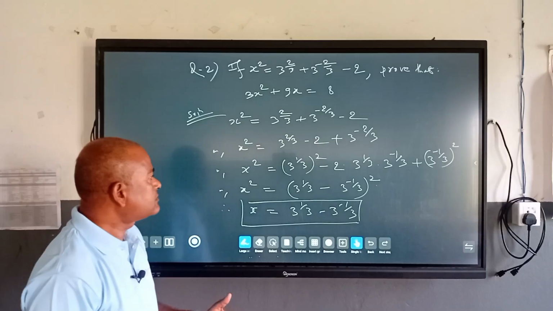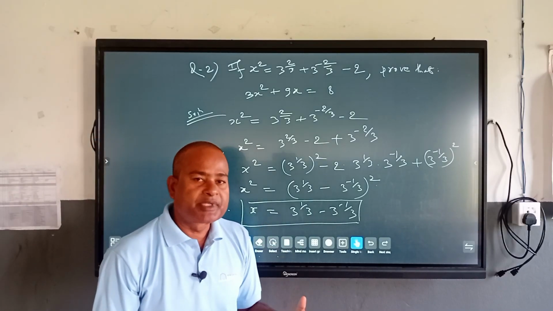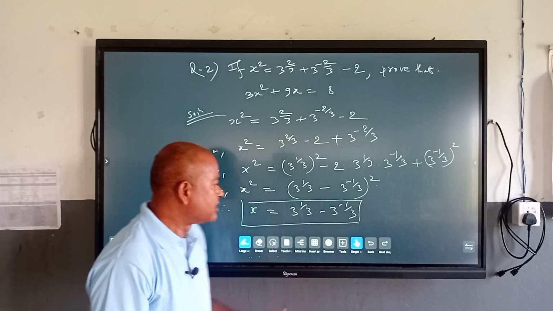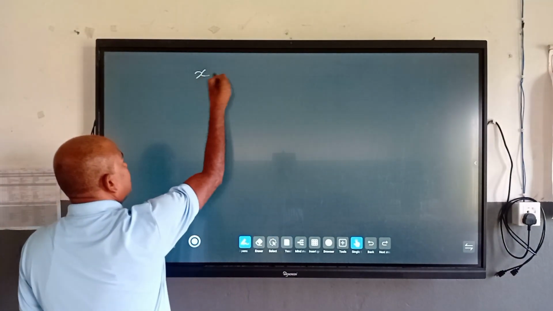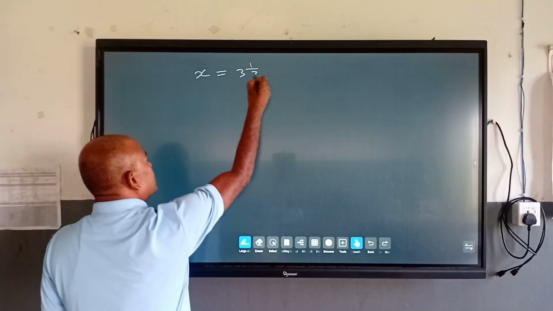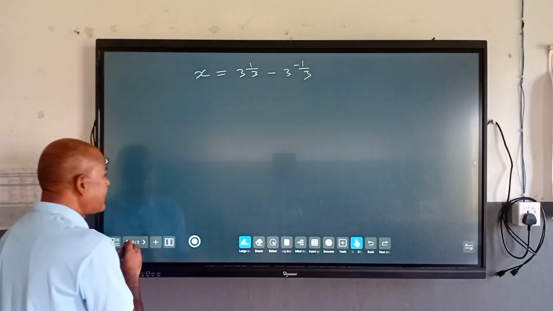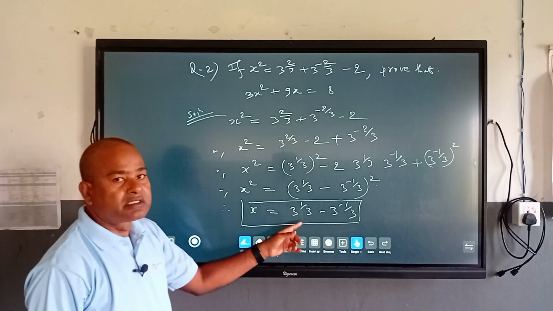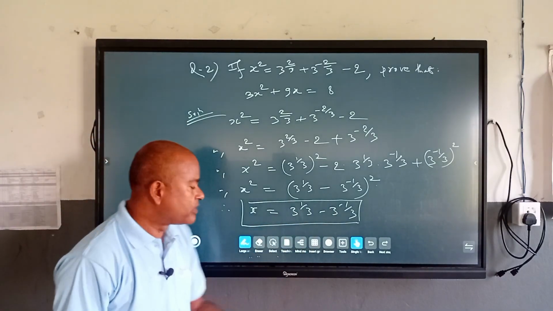Now we are going to do cubing on both sides of this expression. So dear students, the value of x we have got is 3 power 1 by 3 minus 3 power minus 1 by 3.